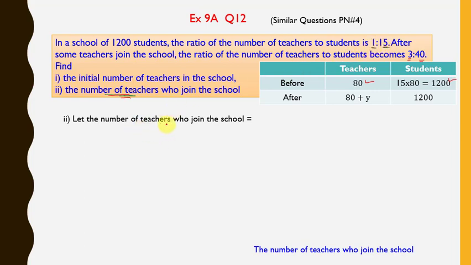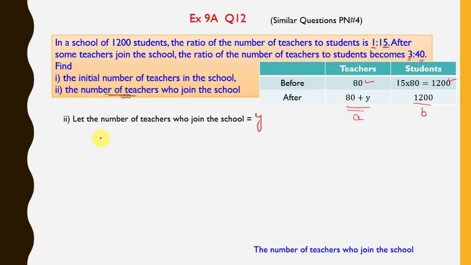Now let's suppose that the number of teachers who later join the school is y. Initially there were 80 teachers, so we will add 80 plus y. These are the number of teachers after the others joined the school. We label this number of teachers as A, and the number of students as B. A is to B, and we can write the ratios in fractions.